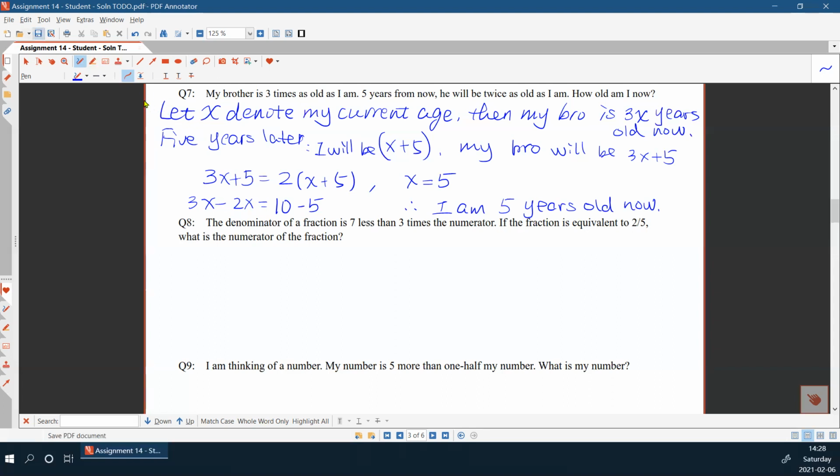So basically, to solve a word problem is like to write a little essay. Okay, so make sure you write each part complete. Otherwise, if you use any letters, but you don't give the meaning of the letters, the readers will find it very difficult to understand what you are saying here.